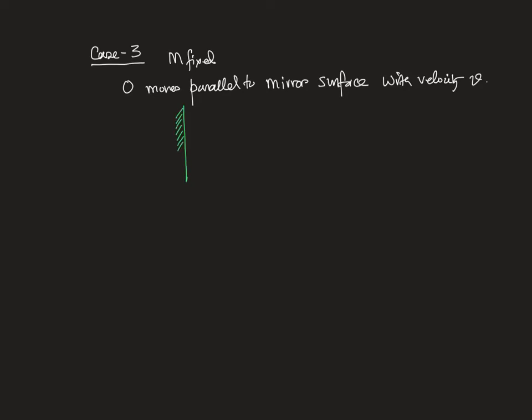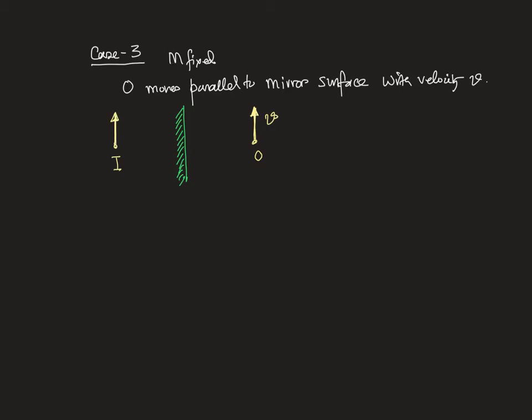Mirror fixed, and O moves parallel to the mirror surface with velocity v. Then what does the image do? Same thing now. You jump up in front of the mirror. The image in your face will jump down or up? Up now.